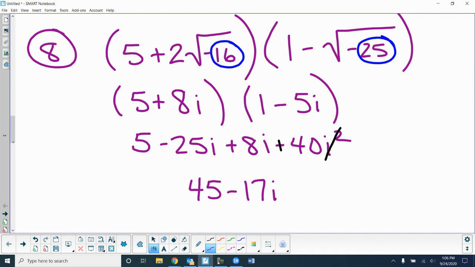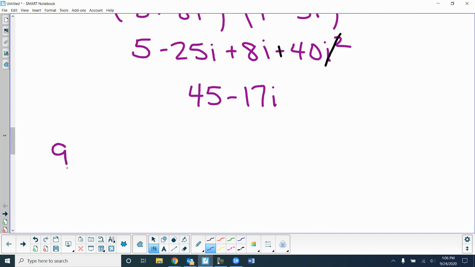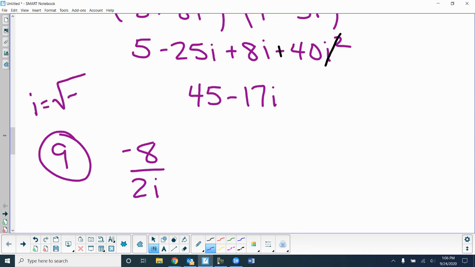Okay. Number 9, a division problem. Remember that i is equal to the square root of negative 1. So it's like having 2 times the square root of negative 1 down there. Are we allowed to have a square root in the bottom? No, we're not allowed to have i's in the bottom. Same deal. So, Mr. Myers, how do I get rid of that i in the bottom? Right. Did anyone multiply by 2i?